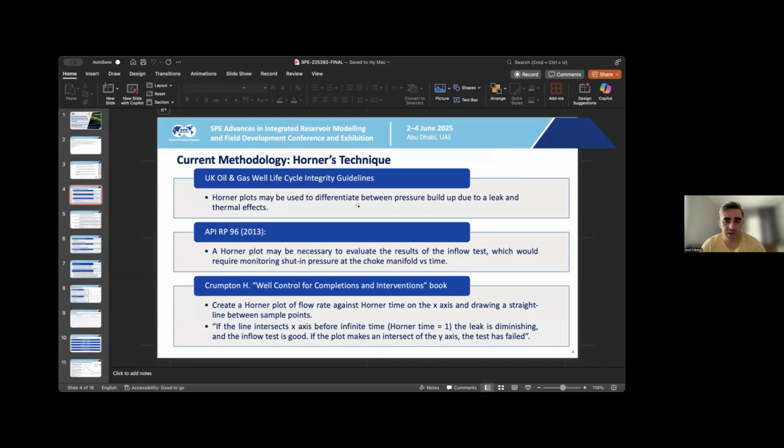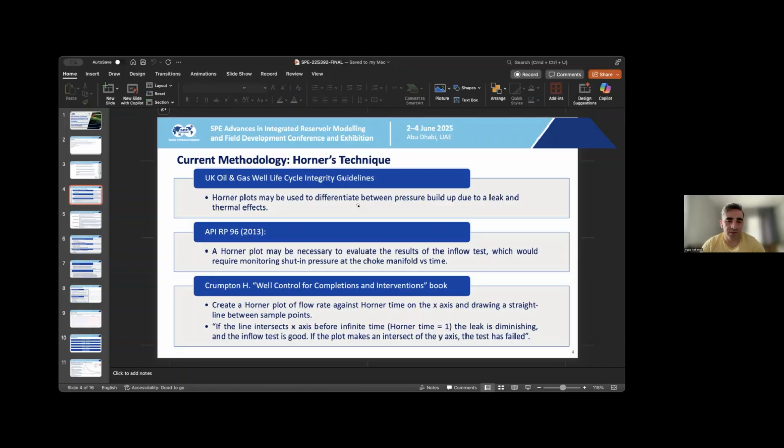All these methods say that Horner plots may be used to differentiate, but there is no explanation of how to adopt the Horner plot. There's only one book, again, Crompton's book. This is the book that usually all the well control materials refer to.